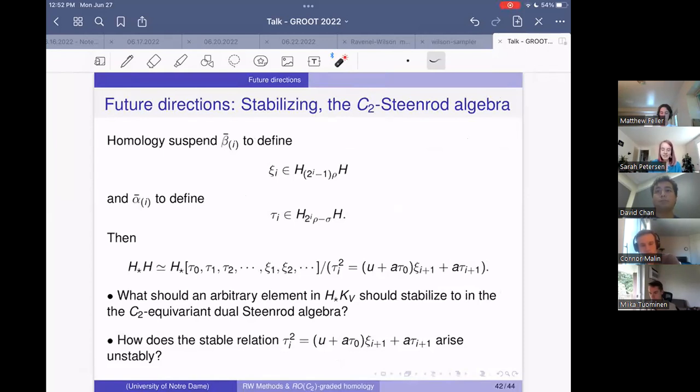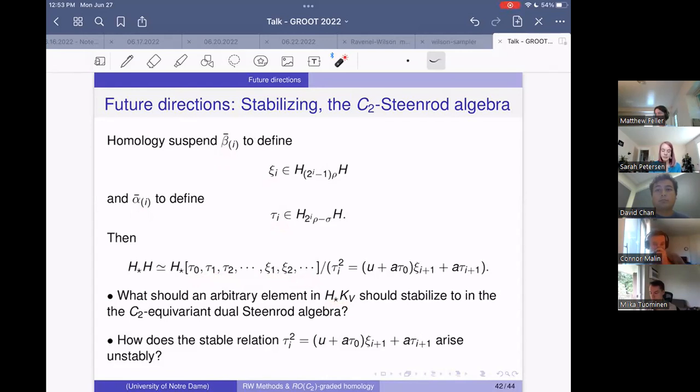And then also, exactly by construction, these elements beta bar i can be homology suspended to define C i's and the alpha bar i's to define tau i's. And we know how those map into the C2 equivariant dual Steenrod algebra, but something that's not at all clear is what an arbitrary element in the homology of K2 stabilizes to.